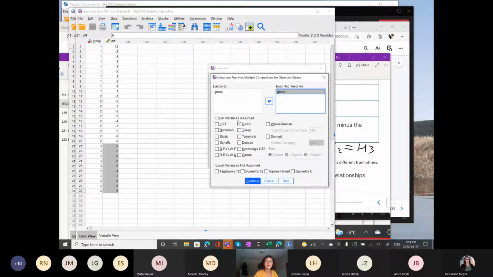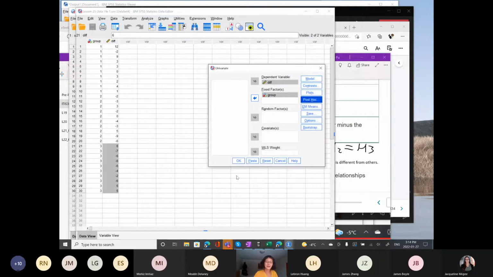If equal variances assumed, usually we pick REGWQ and Tukey. If equal variances not assumed, usually we pick Dunnett's C. You can choose other items. Now click continue, and then click the OK button.